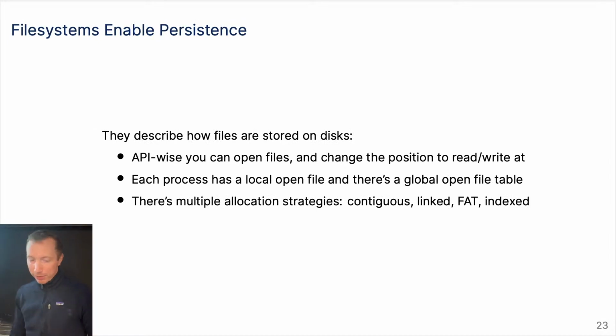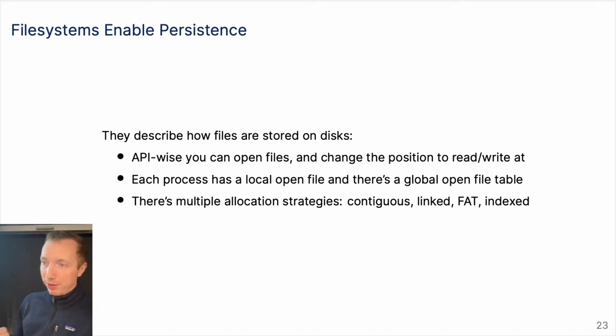So we talked a little bit about file systems, and they're, again, one of the things that enable persistence. So this is the hardware part, and file systems are the software part. So they just describe how files are stored on disk, which we'll go more into detail with next lecture, but we saw some allocation strategies and ways to keep track of what blocks belong to which file today.